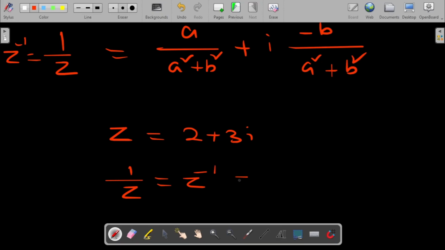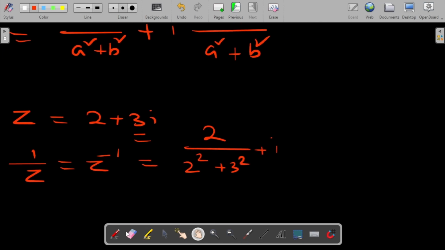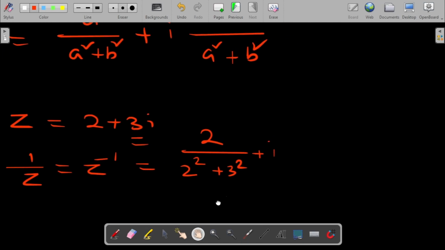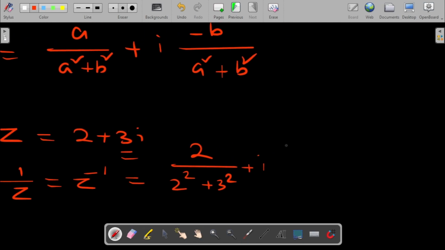This equals A divided by 2 square plus B square, where B is 3, so 3 square, and plus i times minus B, so minus 3, divided by A square plus B square, meaning 2 square plus 3 square.